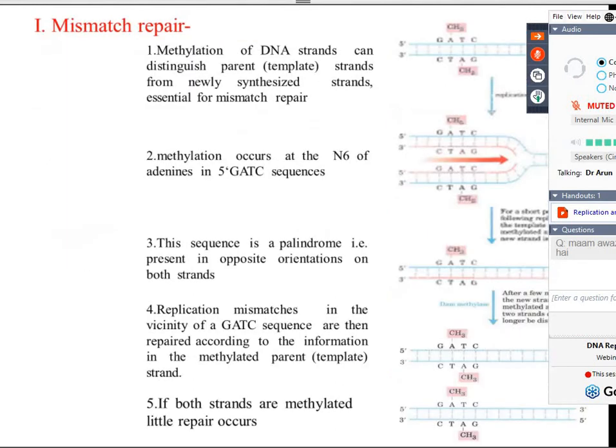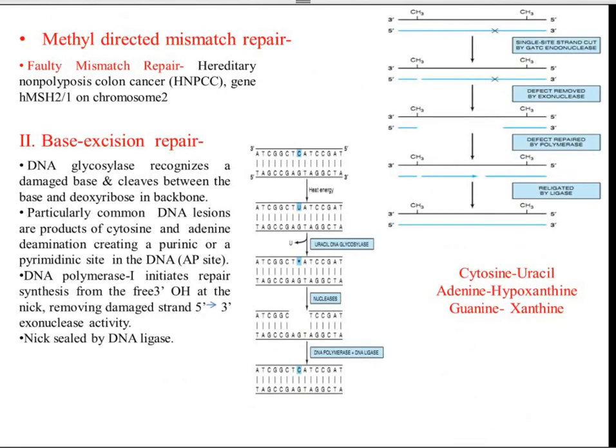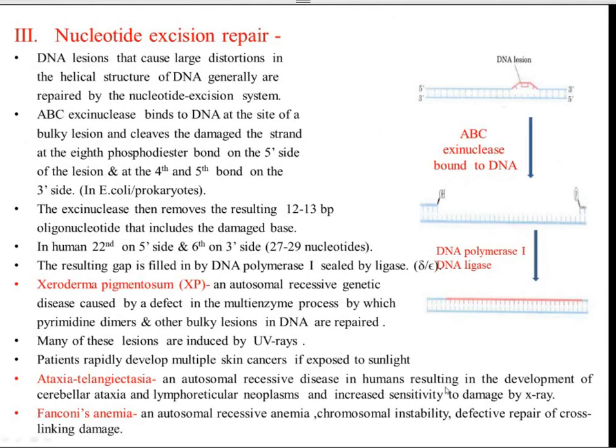I have not mentioned over here. Let's see. Okay, I'll just tell you here. Ataxia telangiectasia. Now, this particular disease is again an autosomal recessive disease in human beings, and this results in the development of cerebellar ataxia and neoplasms. And there is an increased sensitivity to damage by X-rays.